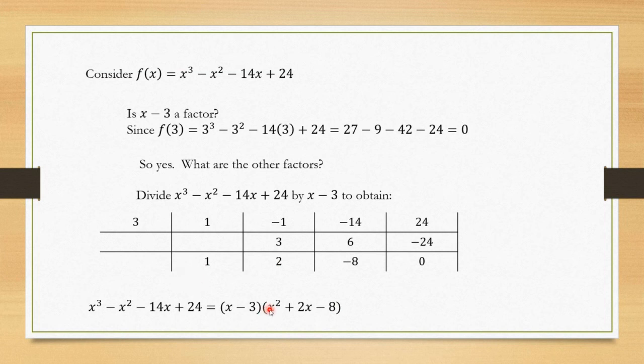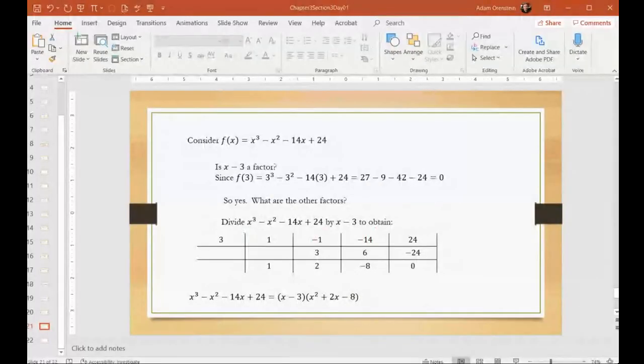I mean, if you wanted to keep going, you could. I mean, this thing you can actually factor using, I guess, the AC method. Although since the coefficient here is 1, you would just need 2 numbers whose product is negative 8, but the sum is 2. I'm guessing 4 and negative 2 would do it. But you can factor that easily. All right, I got to stop. I'm out of time.